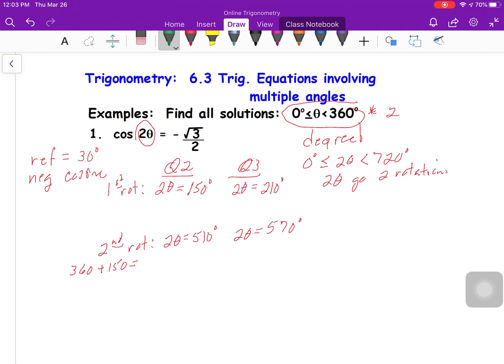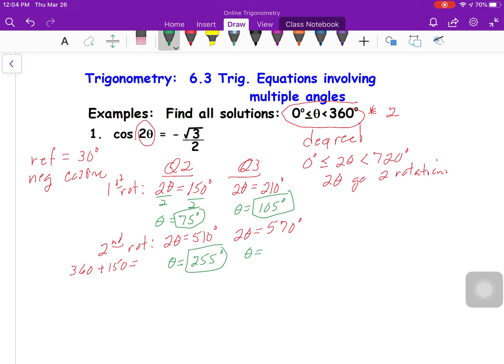So when we go back to our first rotation, we would have to divide each of these by 2. So we end up with theta equals 75 degrees. And if we divide this one by 2, we get theta equals 105 degrees. And if we do the same thing here, 510 divided by 2 comes out to be 255 degrees.